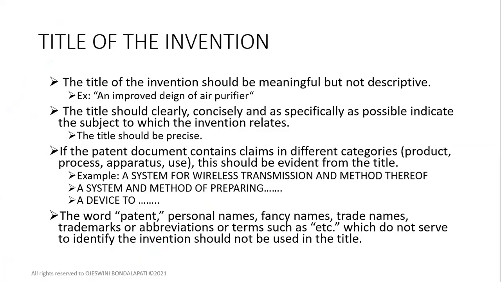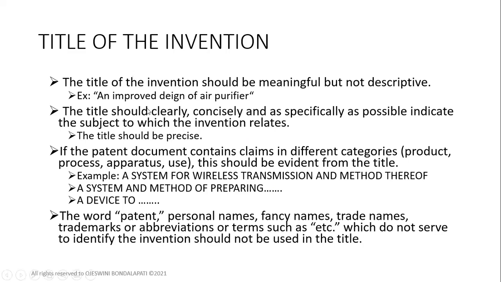Next, coming to the title of the invention. Here we have certain rules: the title should not exceed 15 words, and it should give just a general introduction of what exactly it is speaking about, but it should not give any complete description. So I can say, for example, "Improved design of an air purifier."